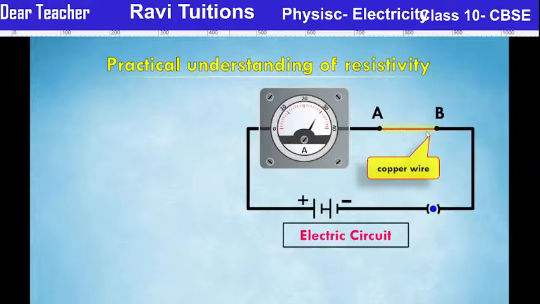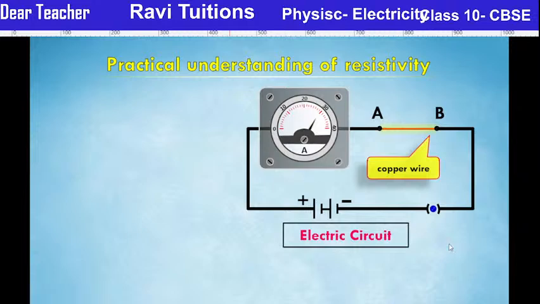Between A and B is the copper wire. This AB acts as a resistance. Then the ammeter A is used to measure current in the circuit.